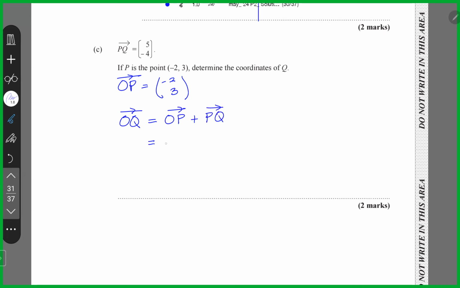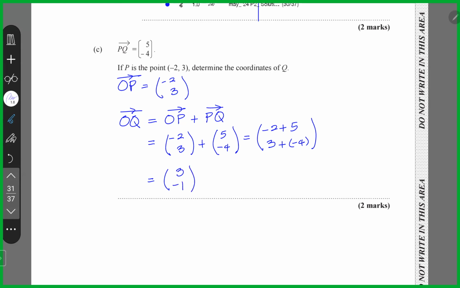So this would be OP, which is minus 2, 3, plus PQ, 5, minus 4. And so this is minus 2 plus 5, 3 plus minus 4. And OQ is the vector 3, minus 1.